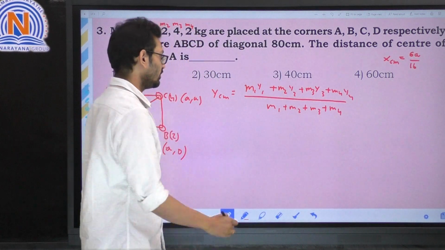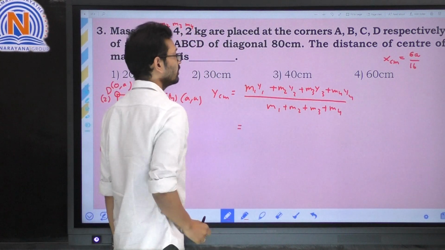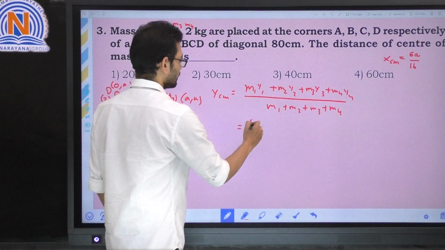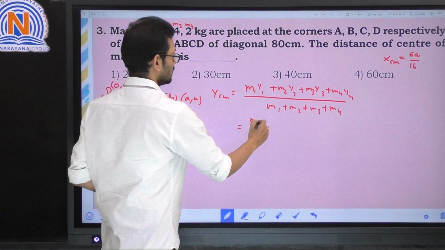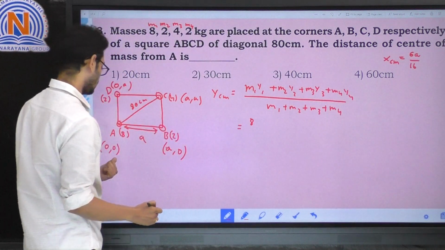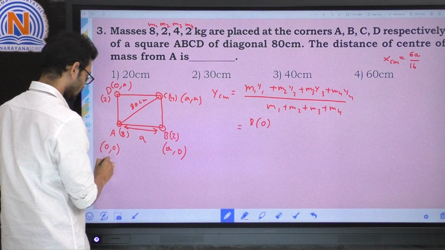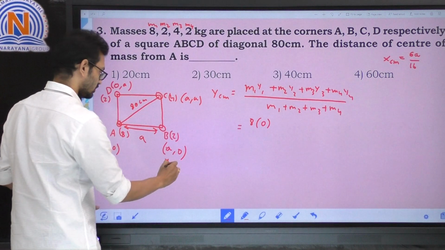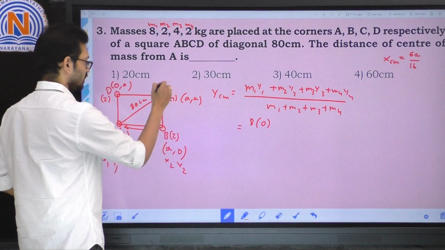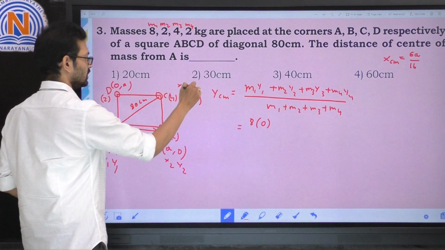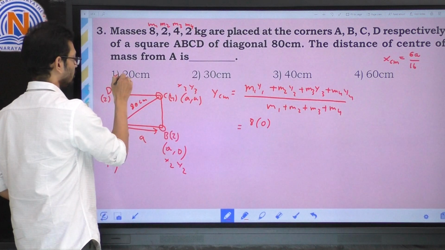Now when you substitute y values again, what will you be getting? m1 is taken as 8, and y1 is taken as 0, because this is x1 and this is y1, x2 y2 and x3 y3, x4 y4.